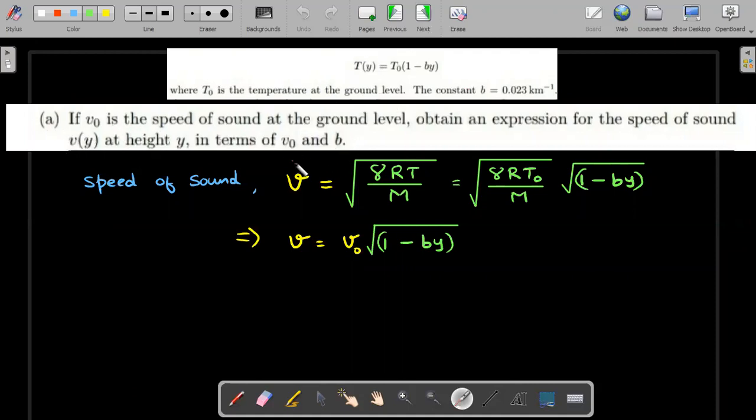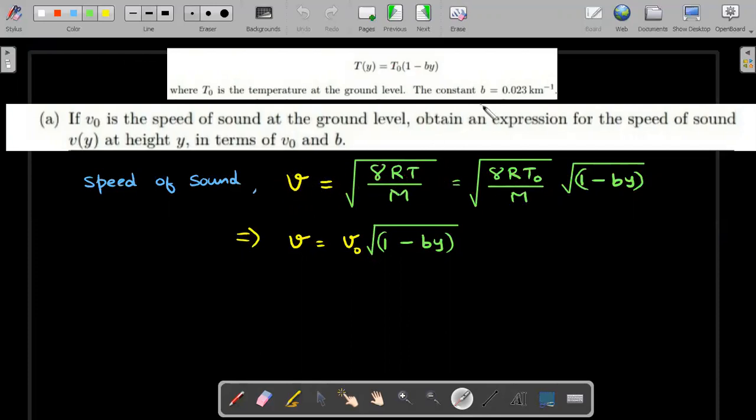So we know that the speed of sound follows the Laplace equation, V equals the square root of gamma RT divided by M, where gamma is the ratio of specific heats of the ideal gas, assuming air is an ideal gas in this problem, and M is the molar mass of air. T is the temperature at that place. Since the temperature changes with height, we expect the speed of sound also to change with height.